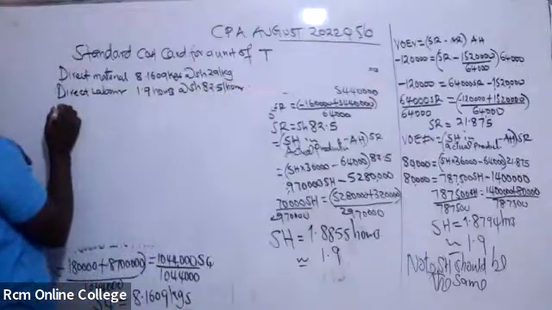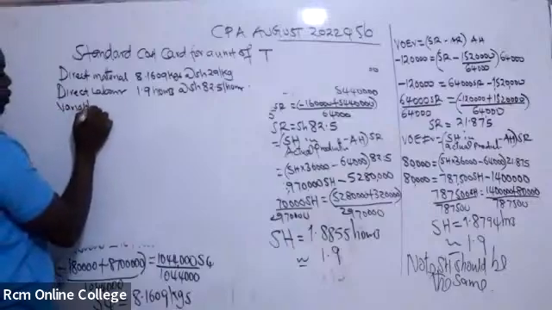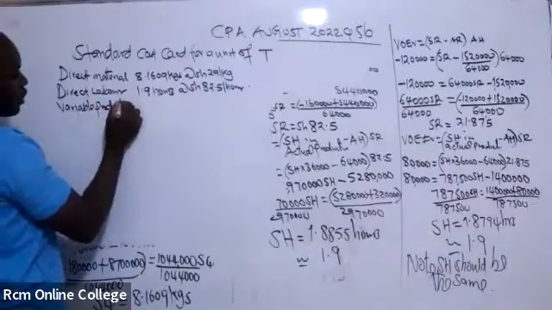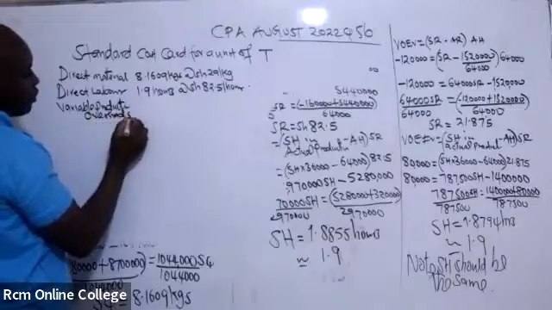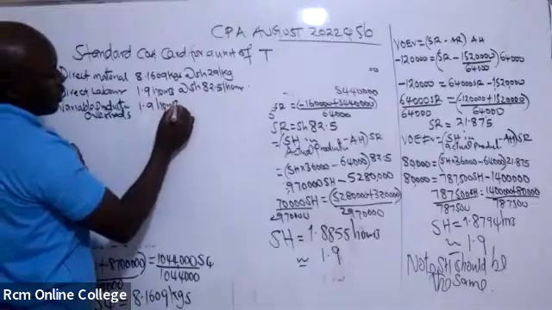Then variable production overhead. We have 1.9 hours.